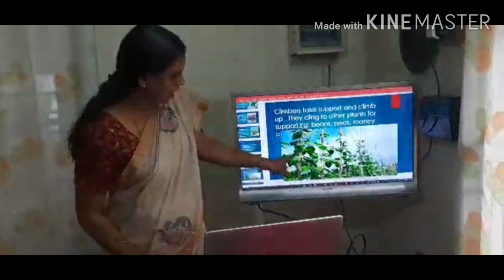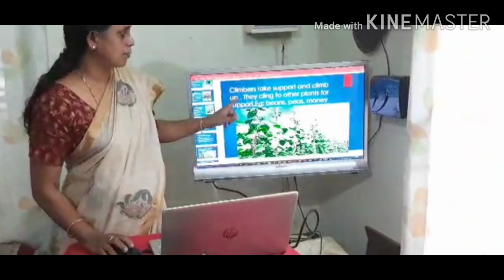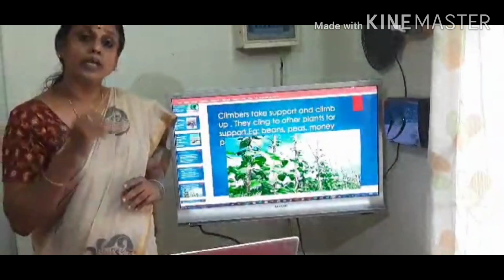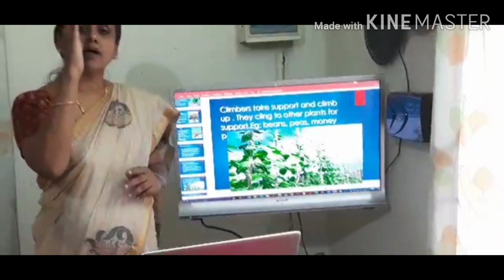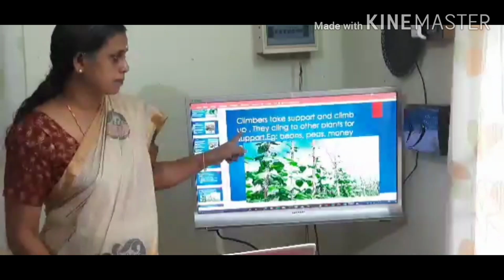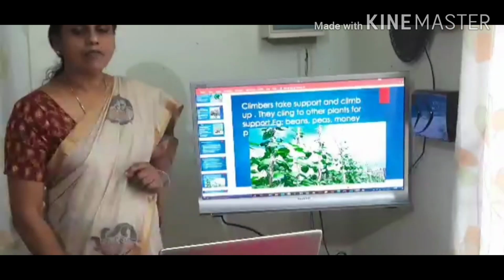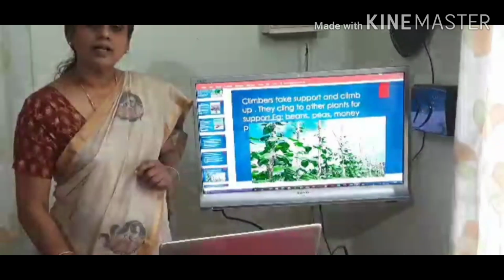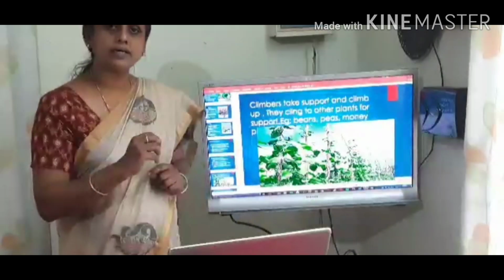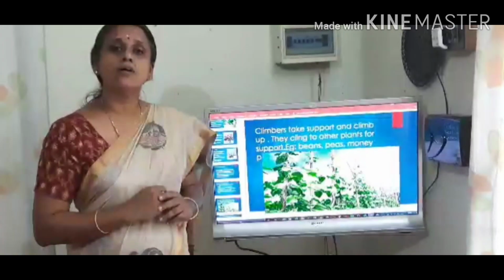So here we have climbers. They take support and climb up. They are weak stem plants. They can't stand upright. So they take support and climb up. They cling to other plants for support. Have you seen pepper plant, children? When you're eating curry, mother is putting pepper. The pepper plant also climbs on other plants for support.